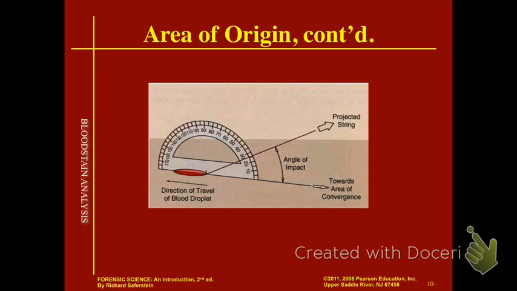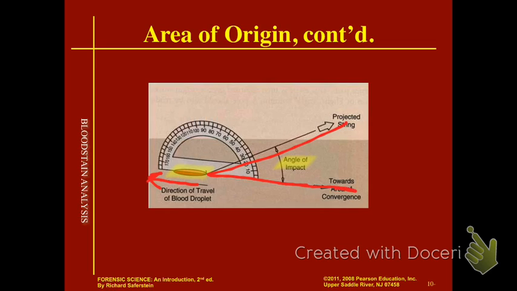Here's a picture of how the area of origin is calculated. So the direction of travel of the blood droplet is shown here. The length and the width of the blood droplet is measured, and then that angle of impact is made between the floor and the string.